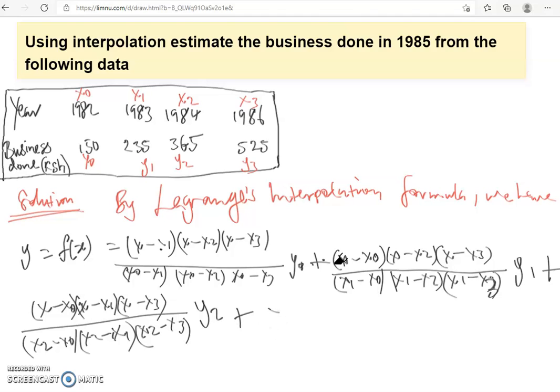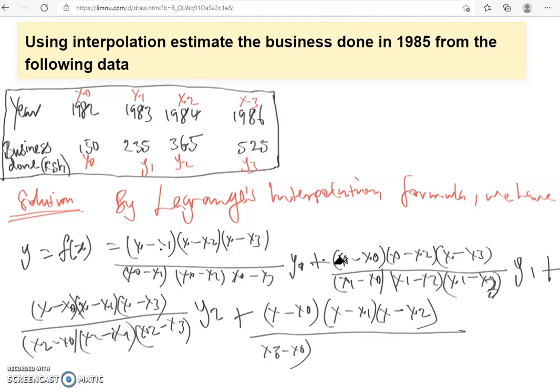Plus, we have x minus x naught, x minus x1, then we have x minus x2. Divide this by x3 minus x naught, x3 minus x1, then x3 minus x2.